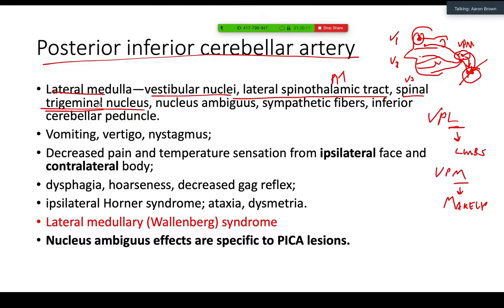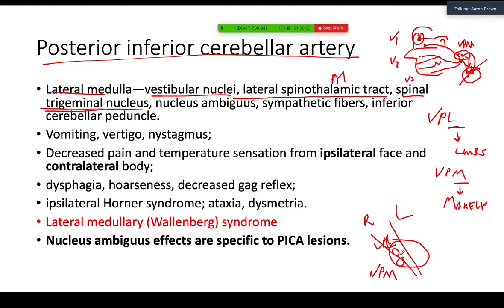If you think about, let's just talk about the thalamus, right? So we have our VPL here, and we have a VPM here, okay? VPL is getting all of our sensation from the body, VPM from the face. Now, here's our right side of the thalamus, here's the left side. I am going to take a samurai sword, and I'm going to chop out this part of the thalamus.